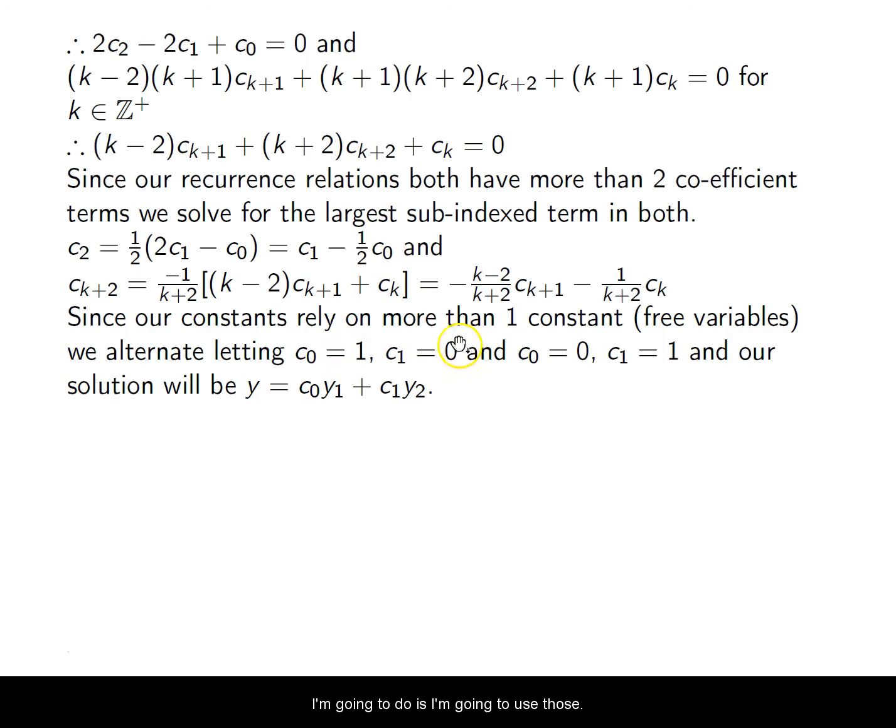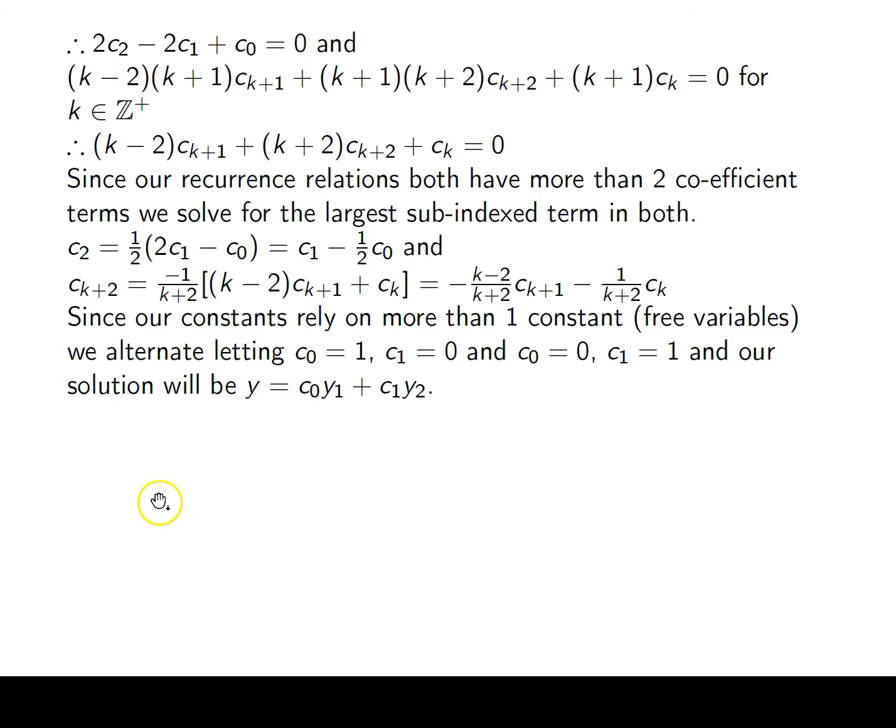Then what I'm going to do is I'm going to use those with this recurrence relation. Okay, I'm going to find a few values, however many I think is necessary. Okay, basically we generally do like 4 or 5 non-zero terms. It's pretty consistent with the way that we do these things. And then what I'm going to do is I'm going to alternate. I'm going to let C0 be 0, and I'm going to let C1 equal 1, and I'm going to do the same thing.